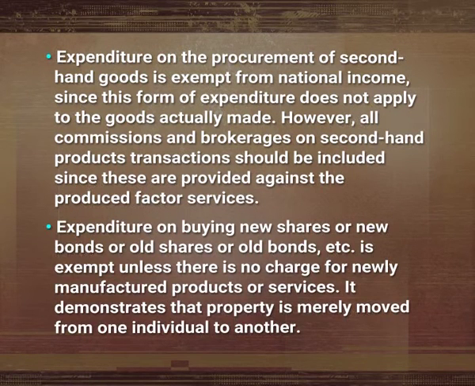Expenditure on buying new shares or new bonds or old shares or old bonds, etc., is exempt, since there is no newly produced product or service. It demonstrates that property is merely moved from one individual to another.